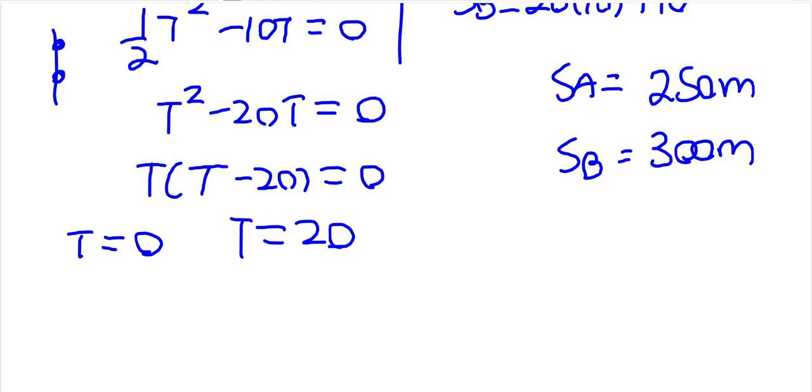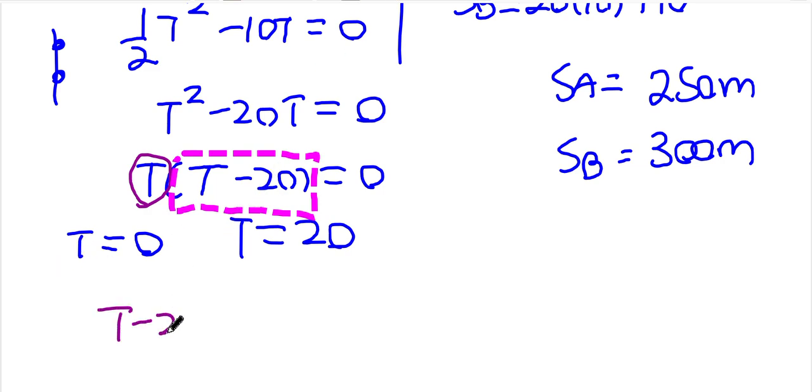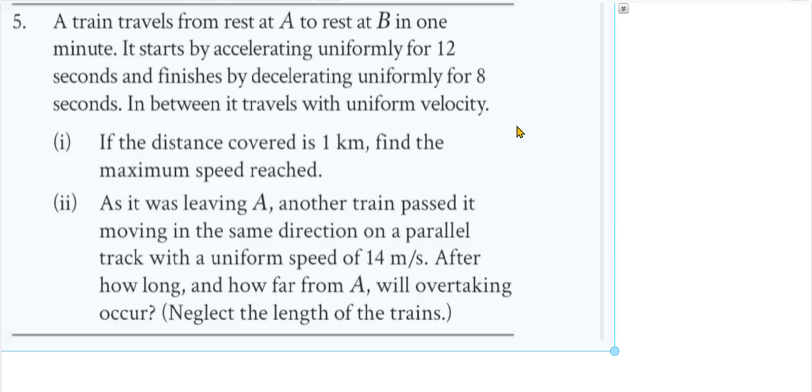When you solve quadratics, there's two numbers. One of them has to be responsible for being 0. So either t is 0 or t minus 20 is 0, which implies that t must equal 20. Okay.